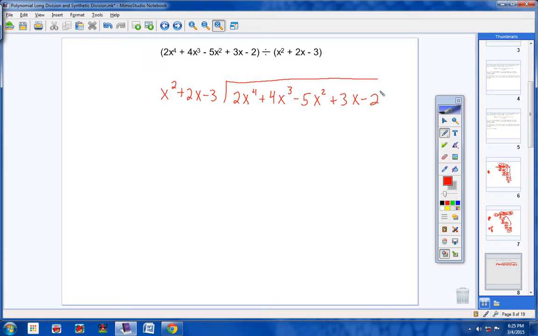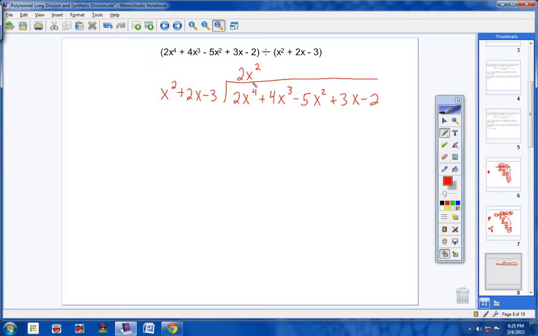Alright, and here we go. I don't care if there's a trinomial out here. That's no big deal. Everything is still the same. You write your divisor in standard form, write your dividend in standard form, then you divide first term into first term. Nothing changes. So 2x to the 4th divided by x squared is 2x squared.